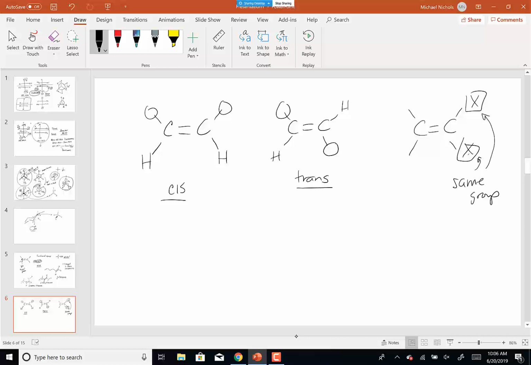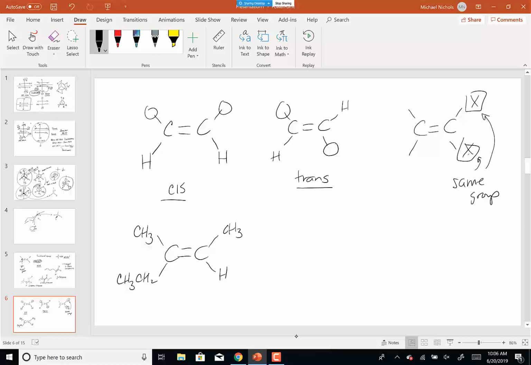So anybody psychic to figure out what the next issue is going to be? What if I have like a methyl group here, an ethyl group here, a methyl group there, and a hydrogen there?